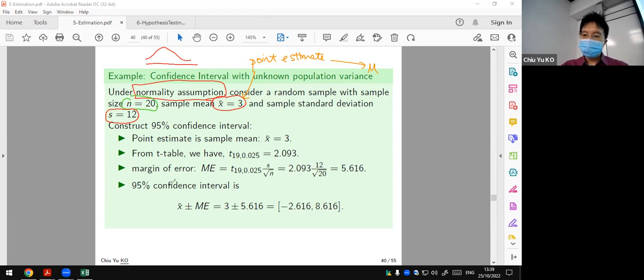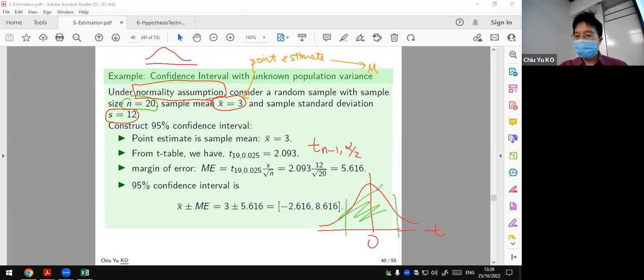First thing is, what I want to do is the same idea. We want to find t_{n-1, alpha/2}. The idea is again the same thing: we want this t, 0 is here, and you want this area to be 1 minus alpha.